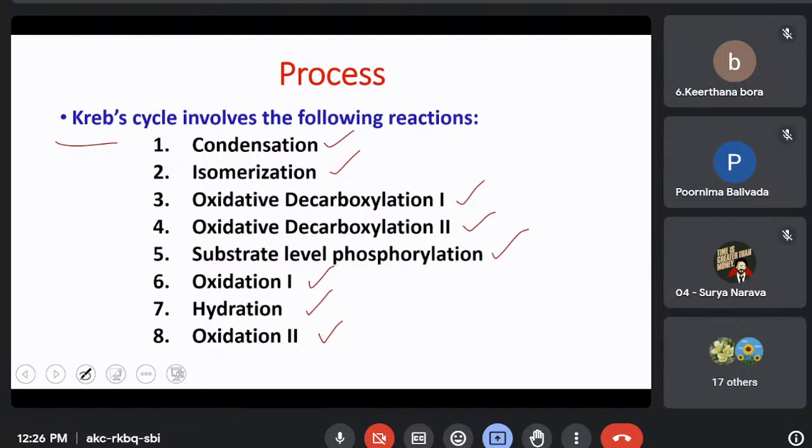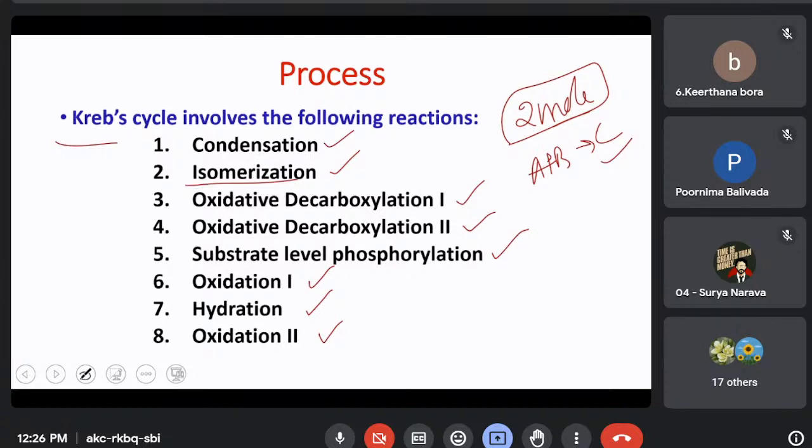So let us see what condensation is. Condensation means it is the reaction where two different molecules combine to form another molecule. A plus B give rise to C. That is simply what condensation is.